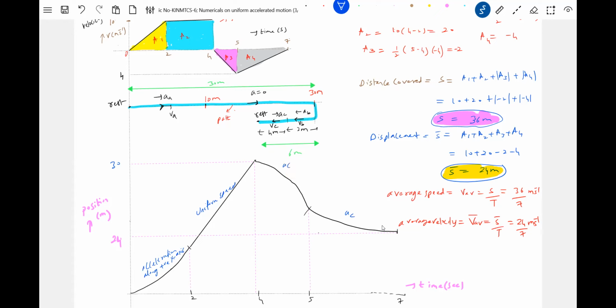Again, this is also acceleration. Acceleration along negative x-axis it is. Retardation along positive x-axis.